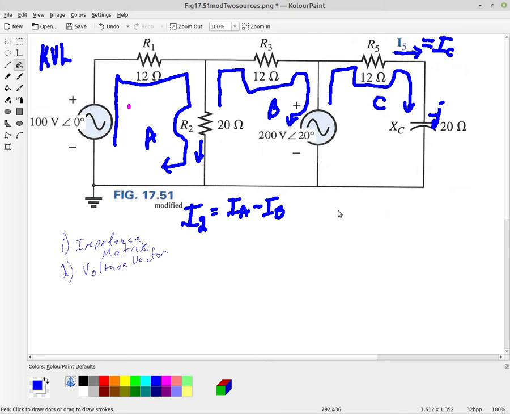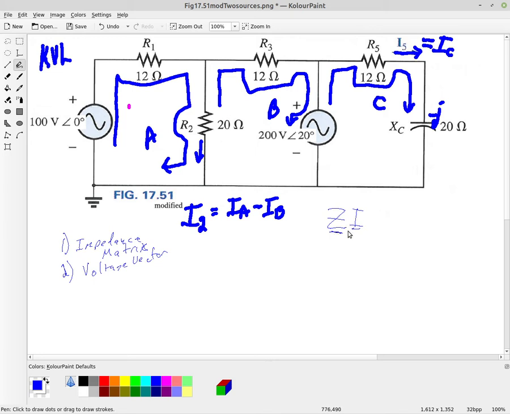And so we're going to set up a matrix Z, which is our impedance, and we're going to multiply that times our currents, which we don't know. So what we have to do is find our currents.